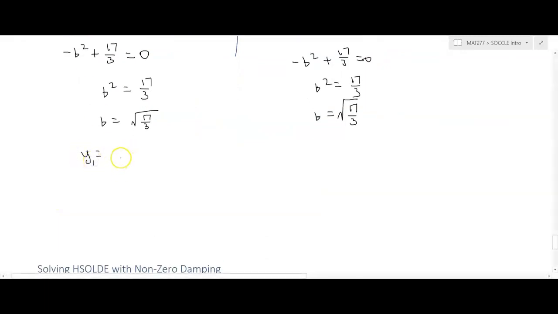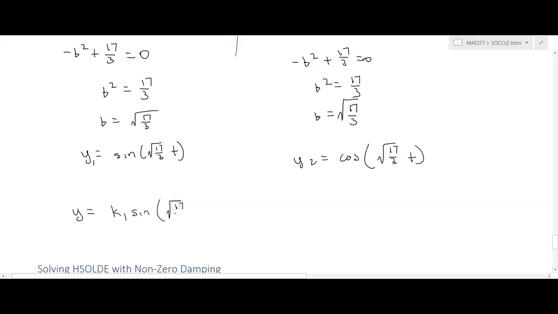So y1 equals sine of the square root of 17/3 t, and y2 equals cosine of the square root of 17/3 t. And of course, by superposition, we want to take any multiple of the first function plus any multiple of the second function.